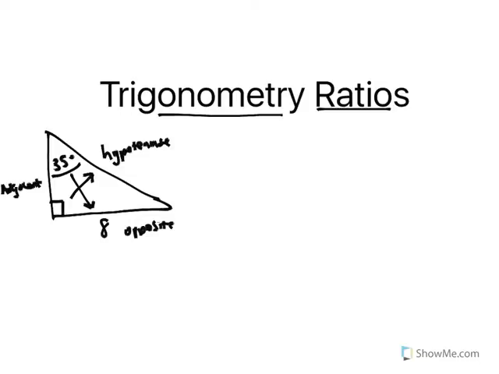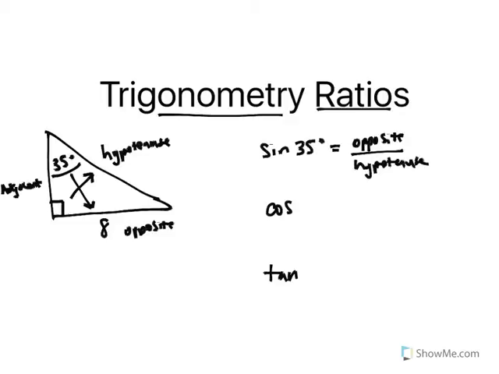So there are 3 known trigonometric ratios. They are sine, cosine, and tangent. If we find the ratio of the opposite side to the hypotenuse side of the given reference angle, we can solve for the missing side.